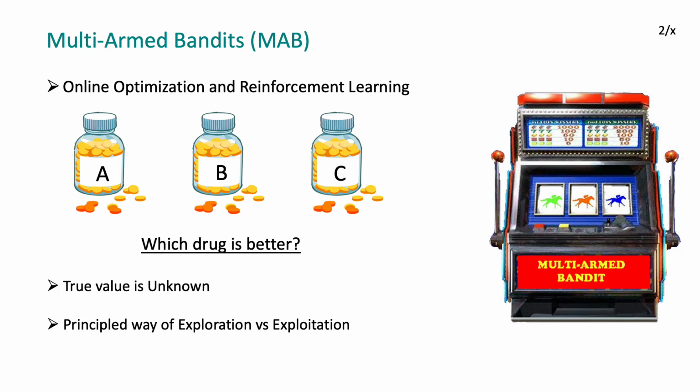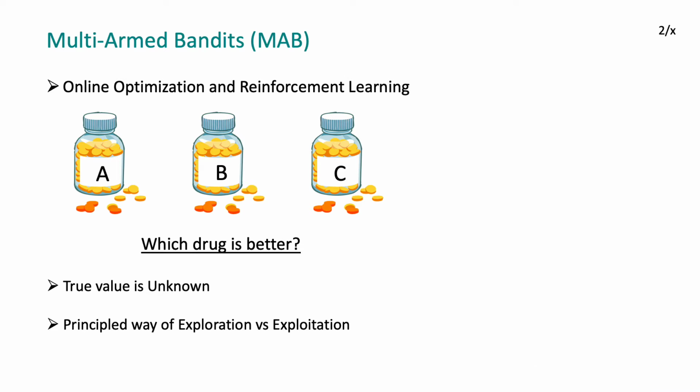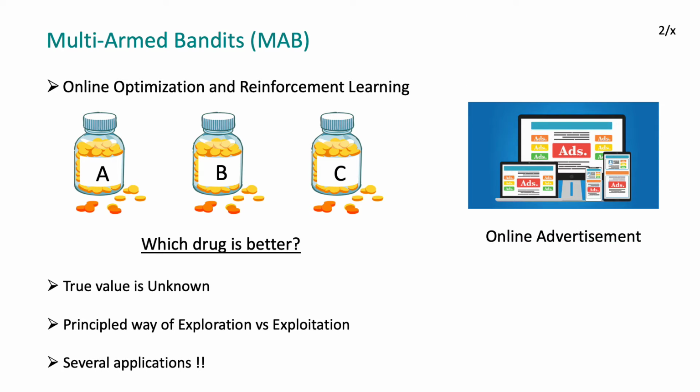It gets its name from the bandit machine that you see in casinos, where when you pull its arm, you get a seemingly random prize. MAB has a lot of practical applications. For example, in online advertisement, you want to show ads to a user, but you don't know upfront the attractiveness of different ads that you have in hand.